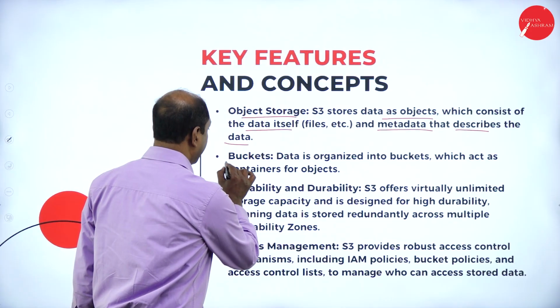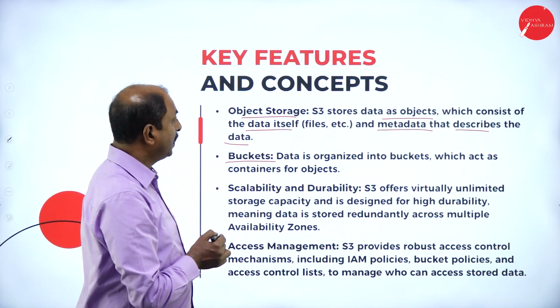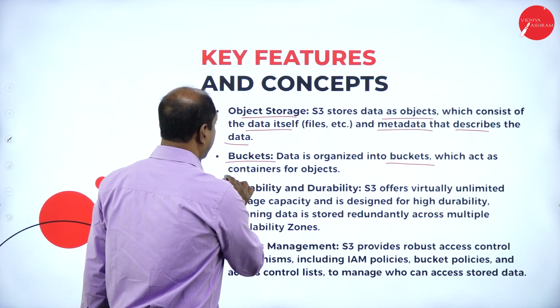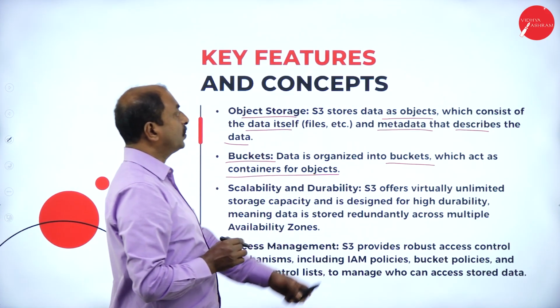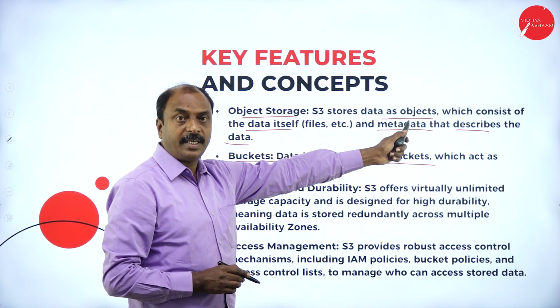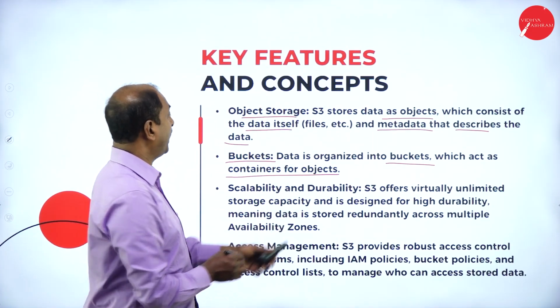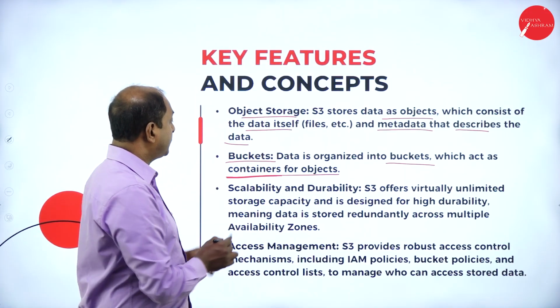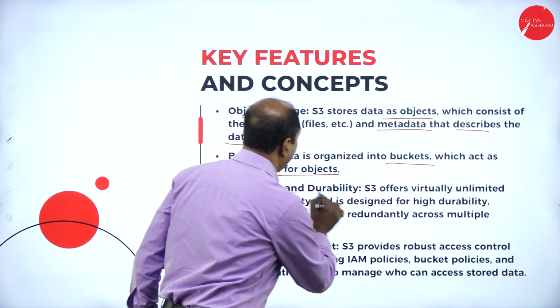Next one is buckets. So this is a technical term. Data is organized into buckets which act as containers for the objects. So S3 is going to store the information in the form of objects, and these objects are placed inside a container. It is referred to as a bucket. Next, scalability and durability.